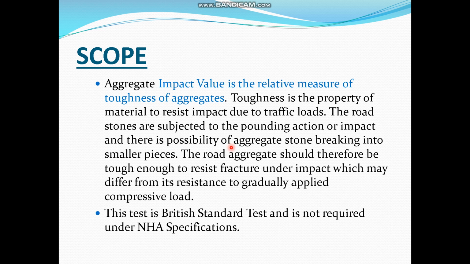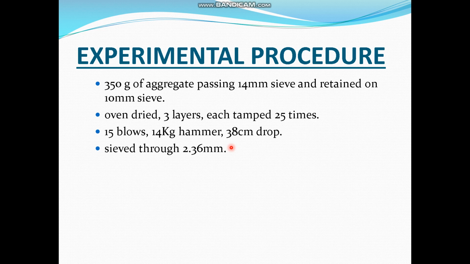While the aggregate is interlocked amongst itself, as well as bound by the bitumen, it will be subjected to impact or compressive loads when the tire of a vehicle passes over it. That is what we are trying to determine: whether your aggregate can withstand that load or not.